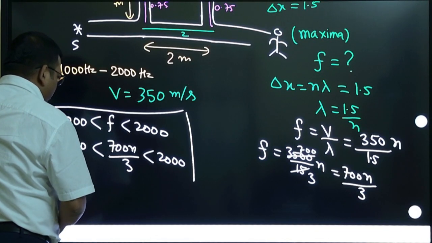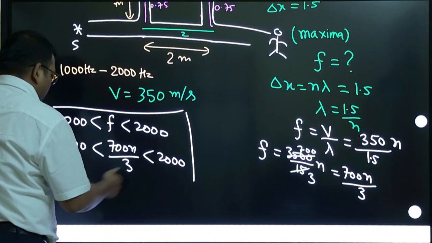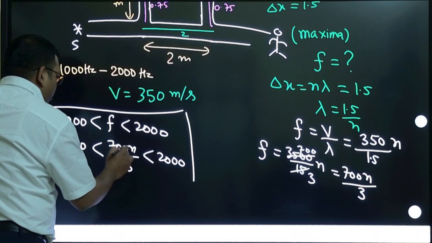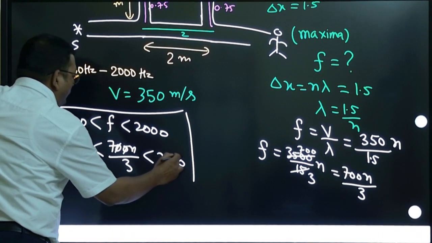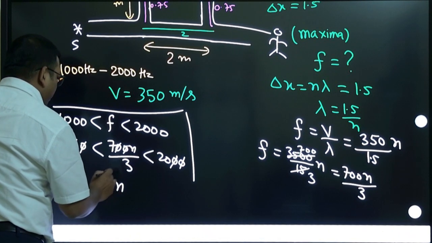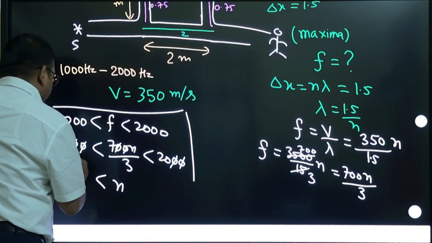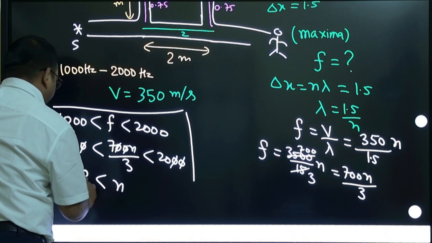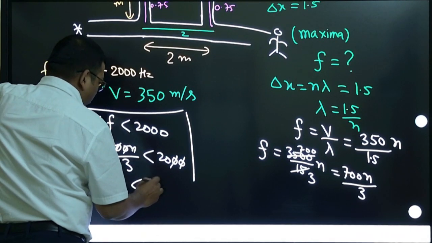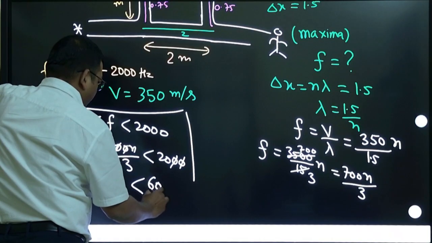You calculate n. Two zeros will get cancelled. So n will come, and 3 will multiply and divide by 7. So this becomes 30 by 7 and 3 into 20, 60 by 7.